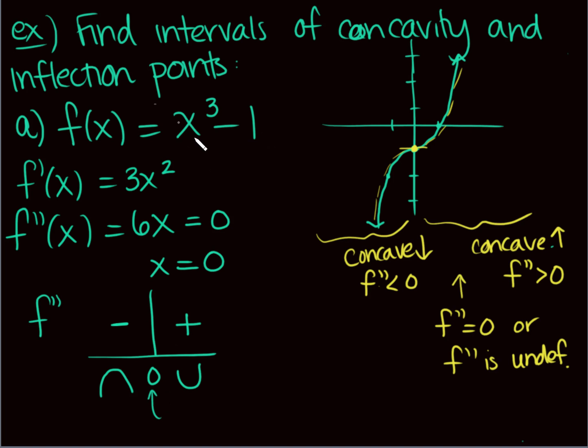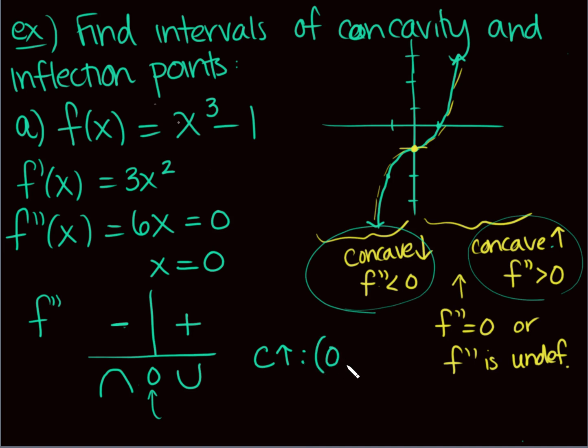I can plug that in. So I've shown that that's an inflection point. And this sure is doing what we expected. We have a negative to the left of 0, so it's concave down, and it's concave up to the right of 0. So it should look something like this. How do I describe this? Well, I'm going to say it's concave up. I put a C with an arrow up because I'm cool.